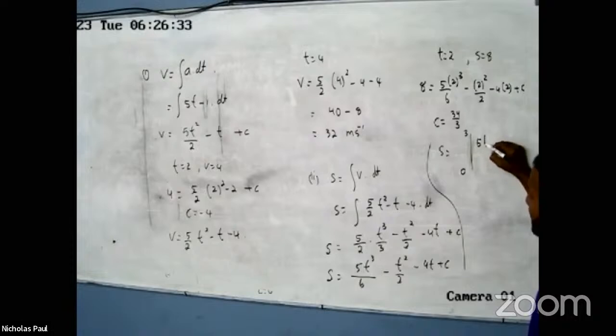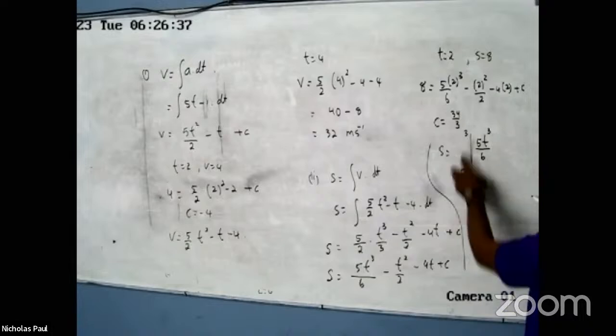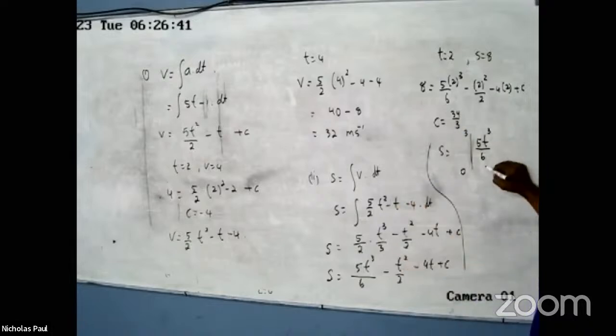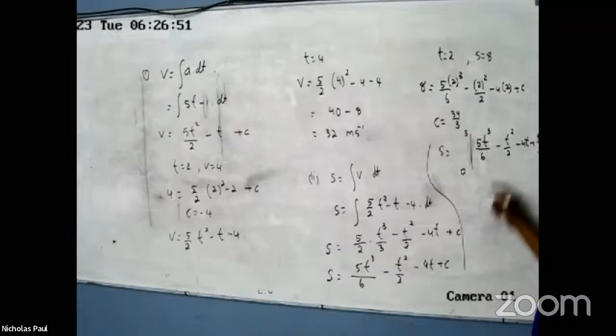I'm plugging in 3 and 0 into this equation here, with the c: 5 t cubed on 6 minus t squared on 2 minus 4t plus c. c is 34 on 3.